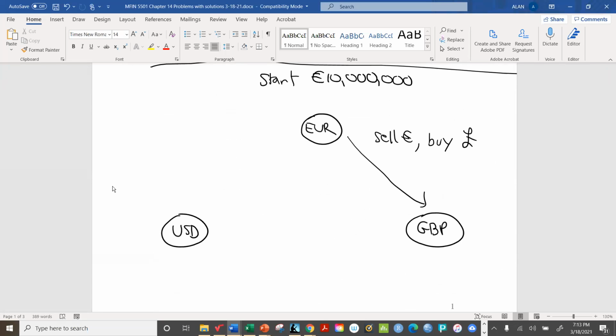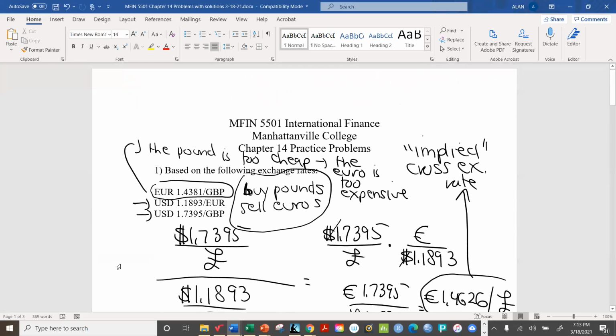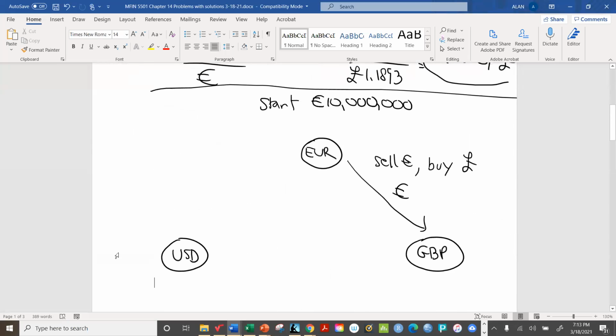So remember, this was given to us, this quote is not the implied quote, but the actual quote, 1.4381 per pound. And so what we need to know now is how many pounds we were able to buy with our 10 million euros. So we're going to actually divide here.